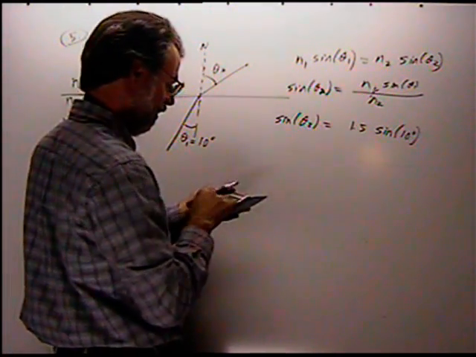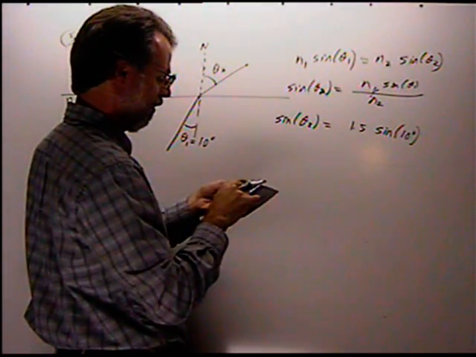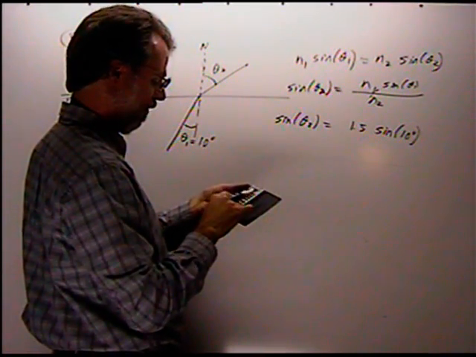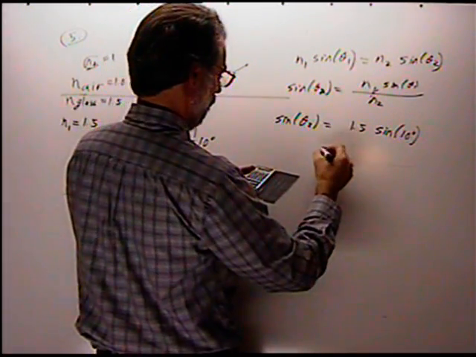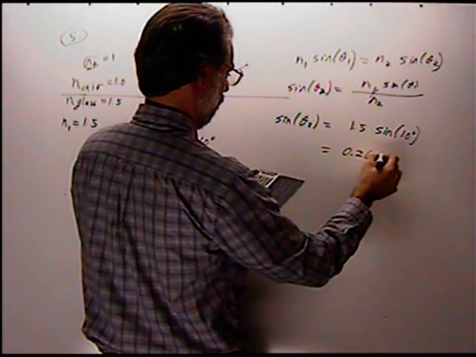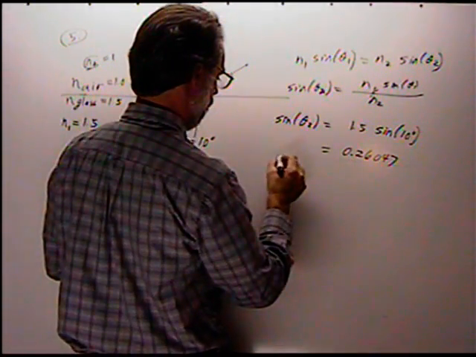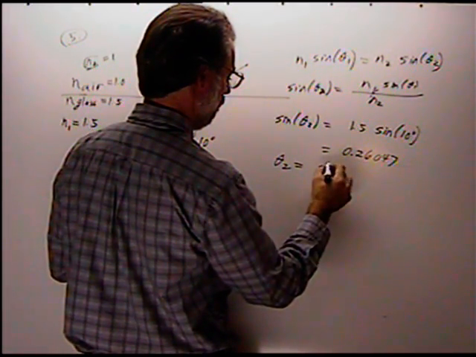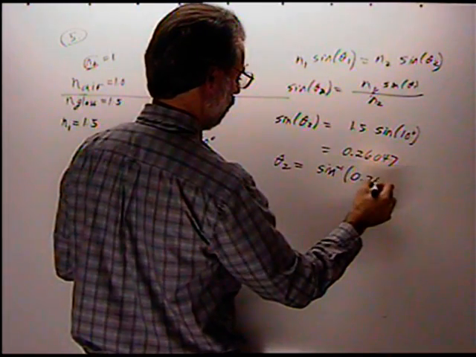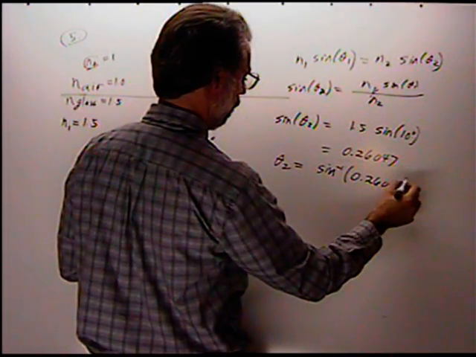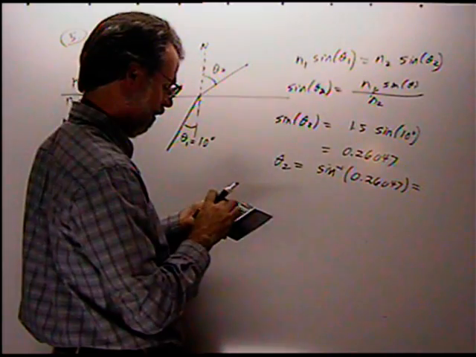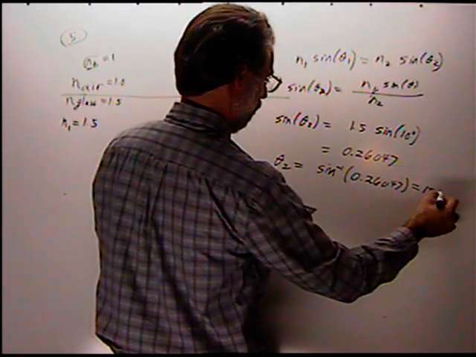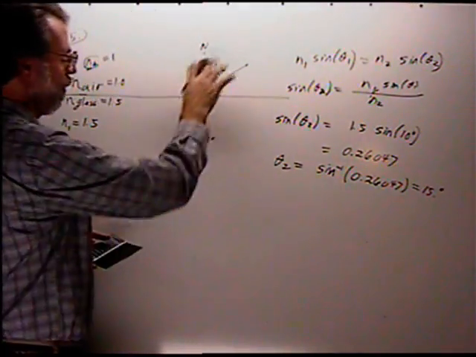Take the sine of 10 degrees, times 1.5, and I get 0.26047. The angle is therefore the inverse sine of 0.26047, which is 15 degrees.